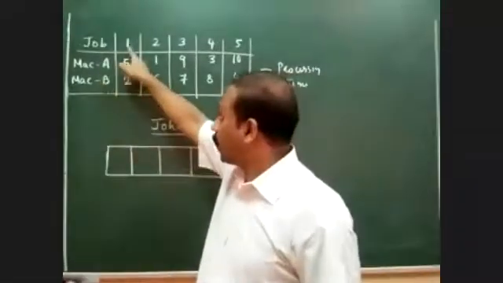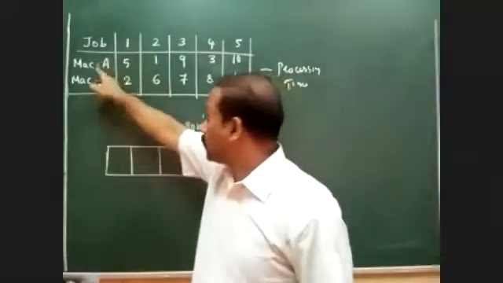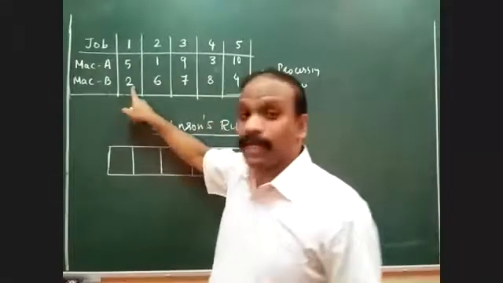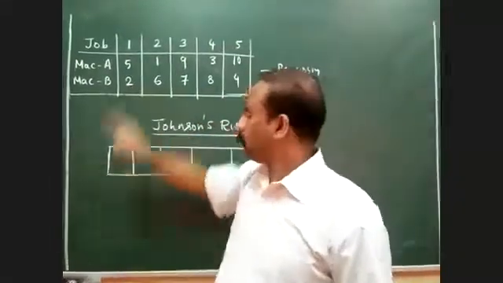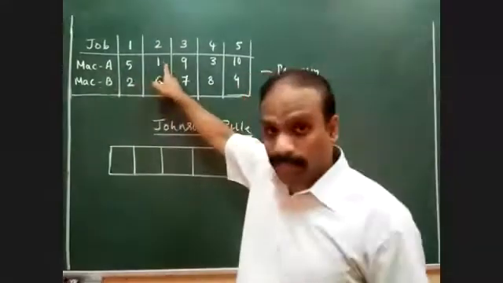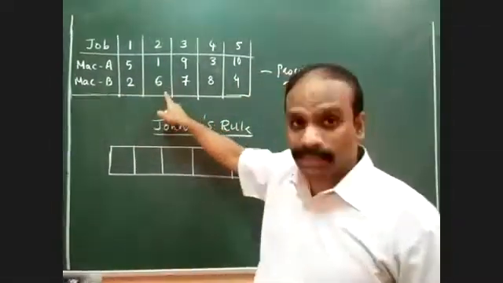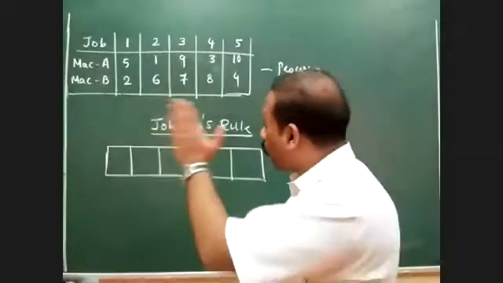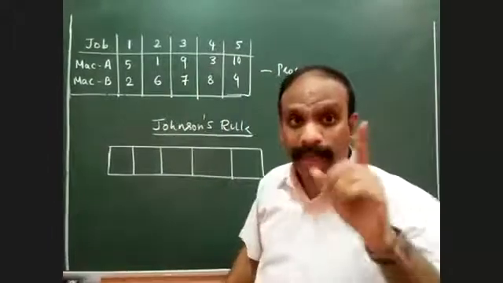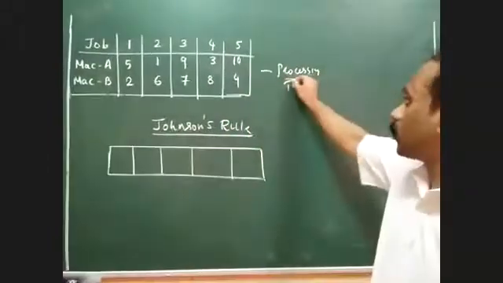That means to complete the job, machine A takes 5 hours and machine B takes 2 hours. Similarly, to complete job number 2, machine A takes 1 hour and machine B takes 6 hours. Likewise, for all 5 jobs, the time taken by the machines to complete them is given, and that time is called processing time.